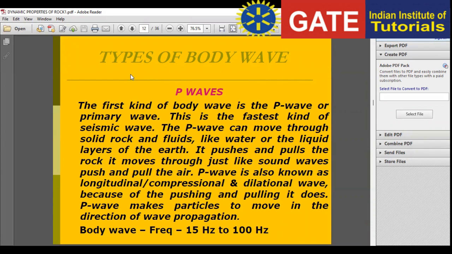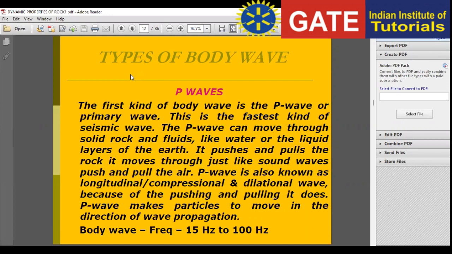This is the fastest kind of seismic wave, and the P wave can move through solid rock and fluid like water or the liquid layer of the earth. It pushes and pulls the rock it moves through, just like a sound wave pushes and pulls the air.